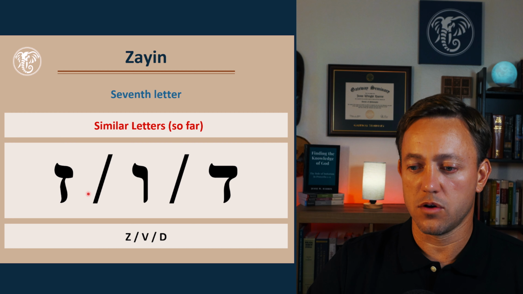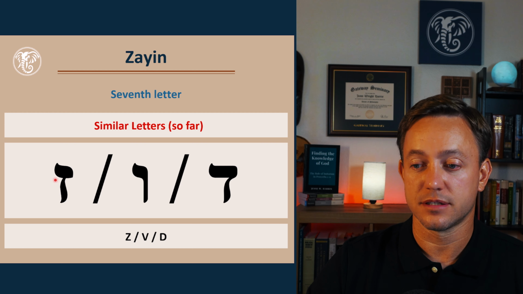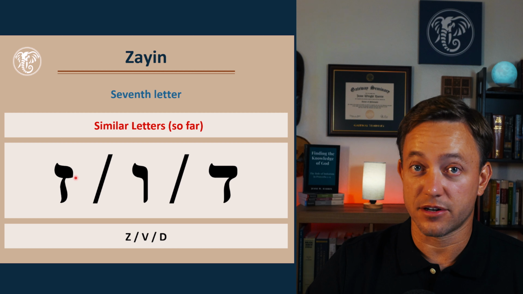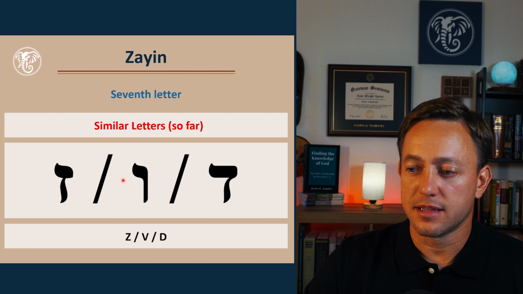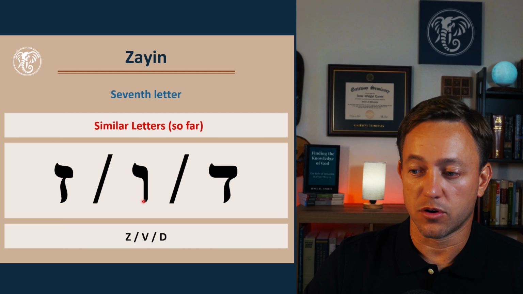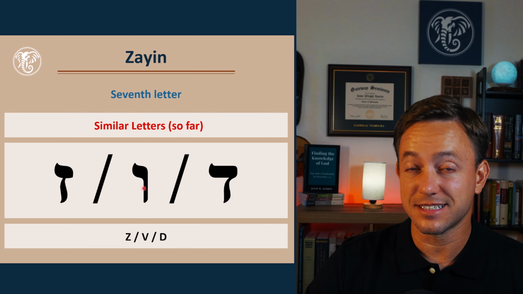So, of course, over here on the left is our Zayin, as you see. And as I mentioned, this top part is actually a part of the letter's essential form. But in the middle here, we have that Vav or Wow letter. And technically, its core essence is just a vertical line, and that's it.